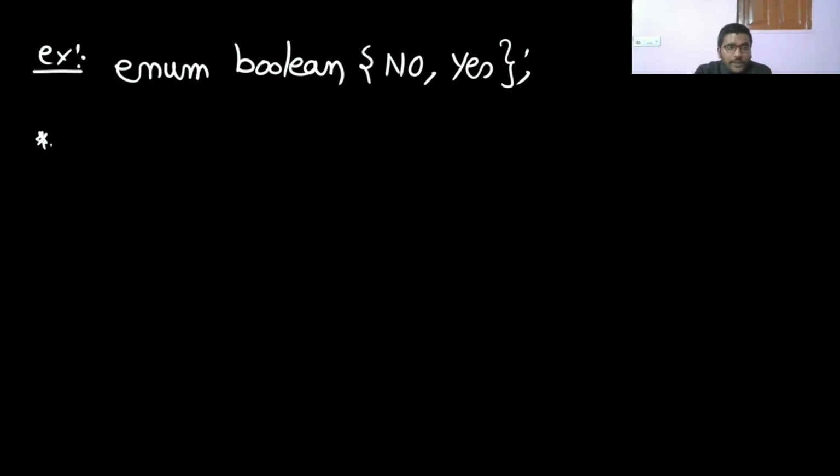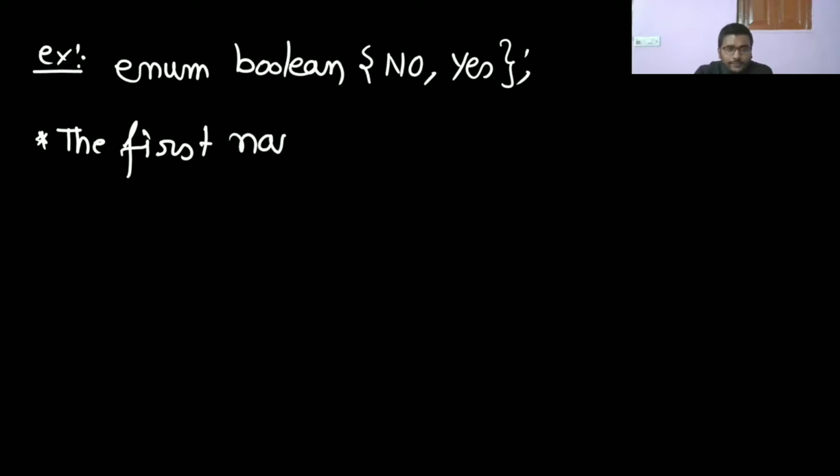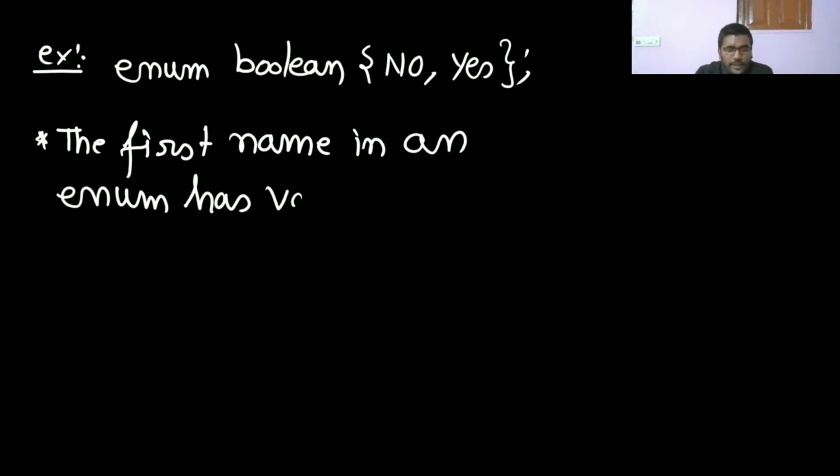So the first name in an enum has value 0, the next one has 1, and so on.